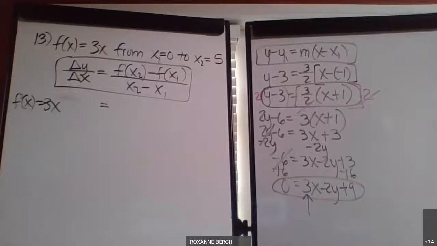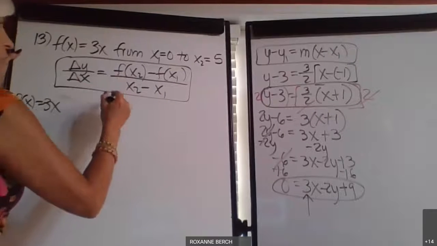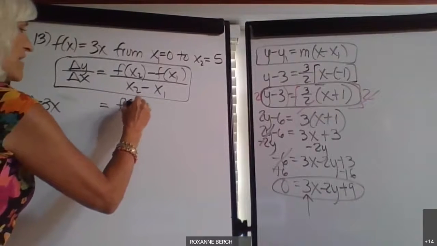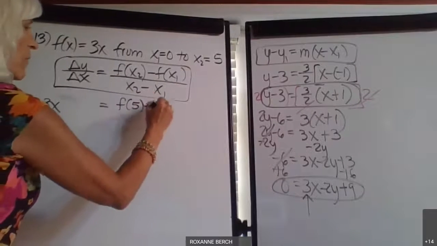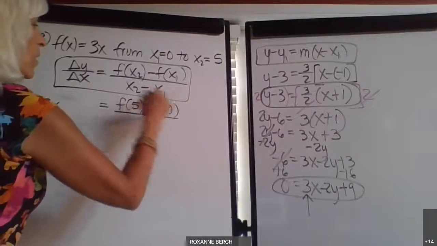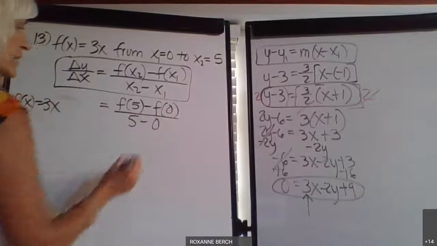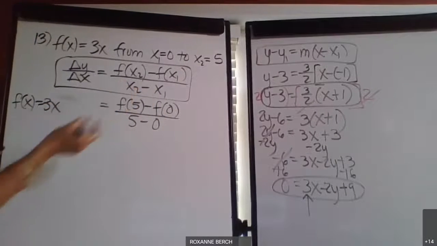This is linear. So the function is going to change. It's not always a square. So now we have f of 5, just plug stuff in, minus f of 0 over 5 minus 0.